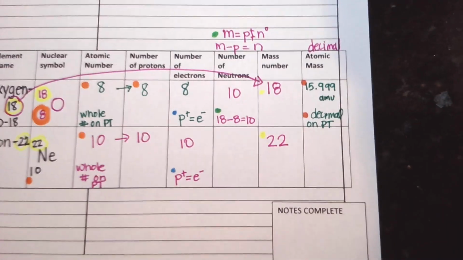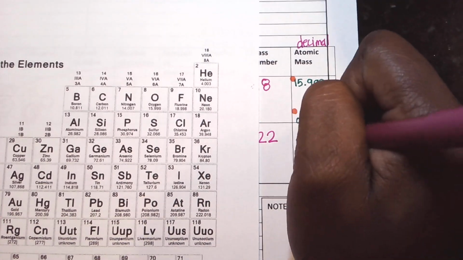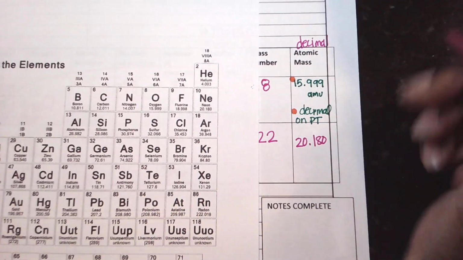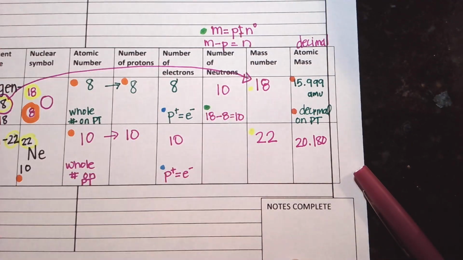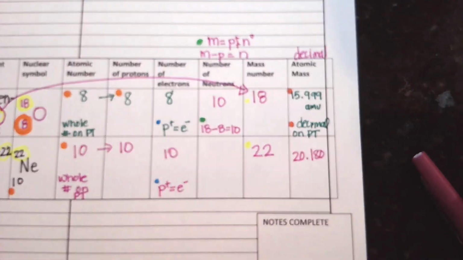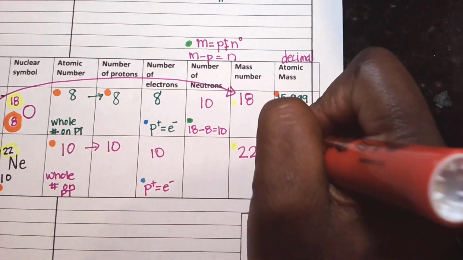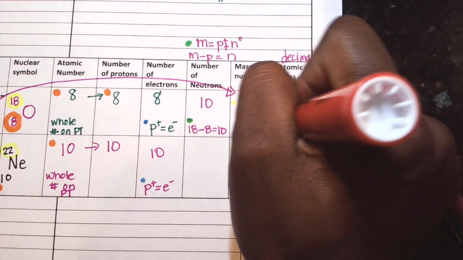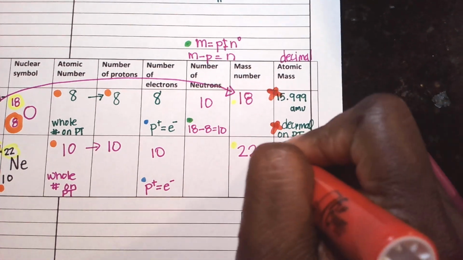So we're going to look on the periodic table and find neon. Neon is 20.180. That's coming from the periodic table. It's hard to see, but this is supposed to be red and that is supposed to be orange. Let's just make it a little bit different so it stands out.